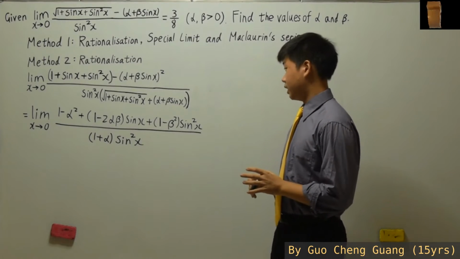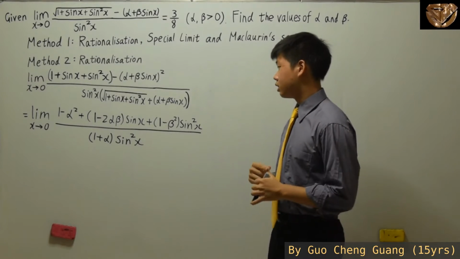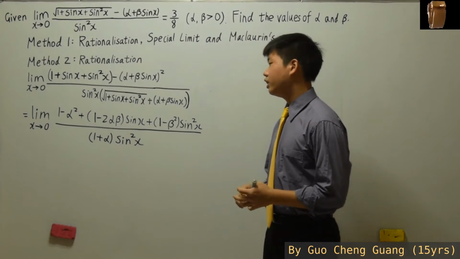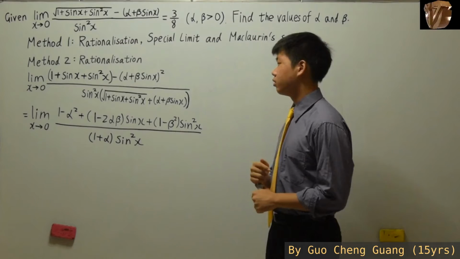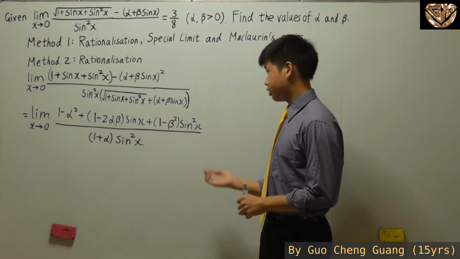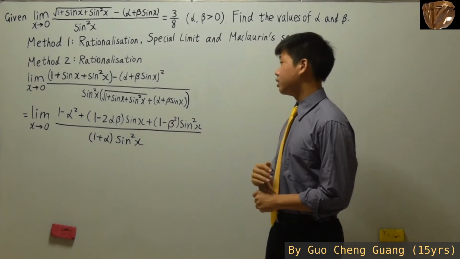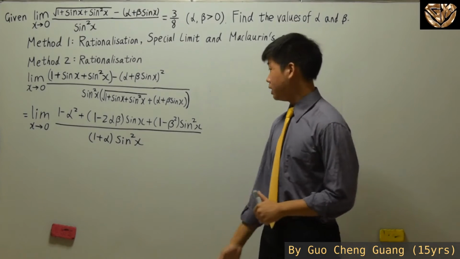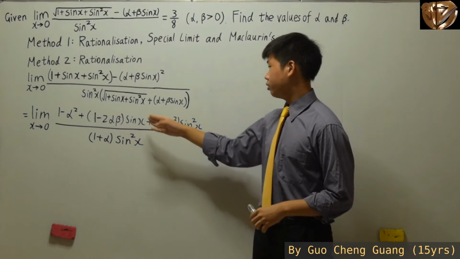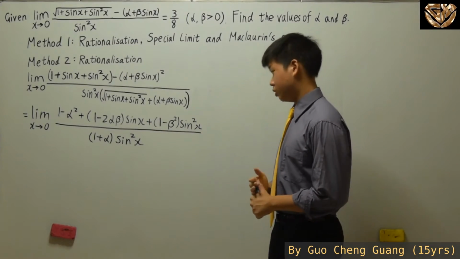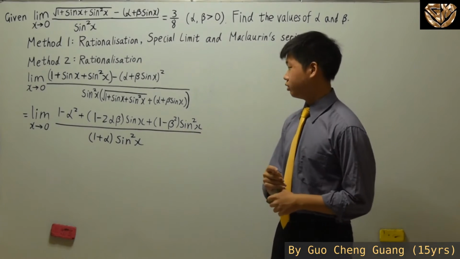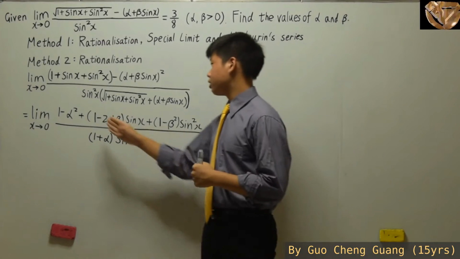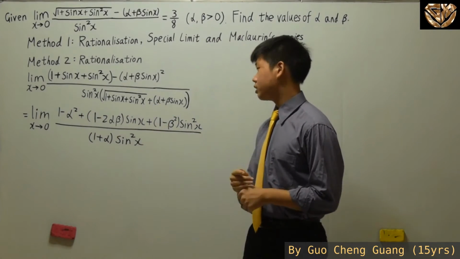Right, so how do we proceed from here? Now, in this part, what you have to realize is your variable just seems like it's sine x. Since x approaches to 0, sine x are those terms that approach to 0. Since these are terms that approach to 0, you can think of it as three different parts.